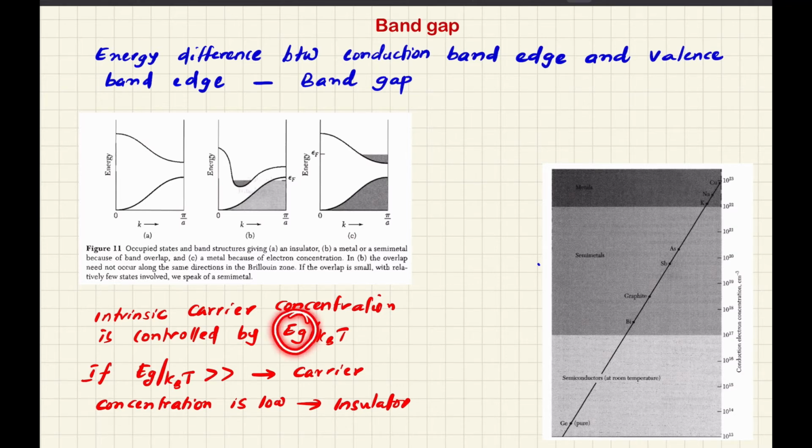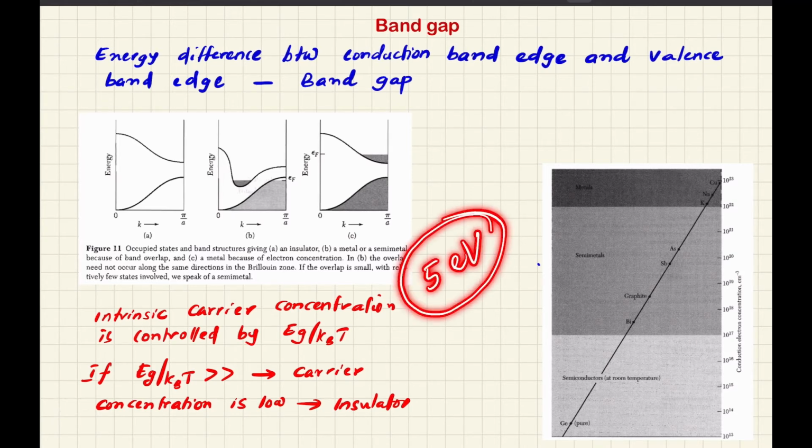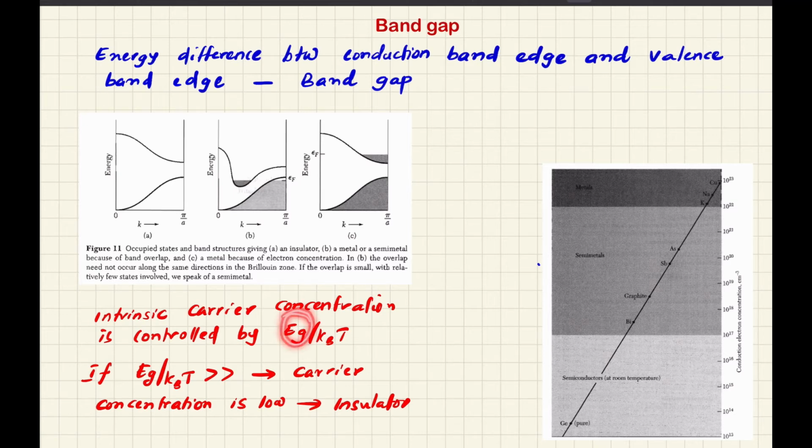If Eg is of the order of 1 electron volt, then you can call it a semiconductor, and if Eg is of the order of 5 electron volt, it's an insulator. In the case of metals Eg is very small, or it can be negligible also. So it's an important parameter to determine the nature of the material.